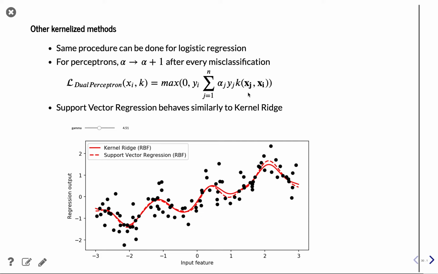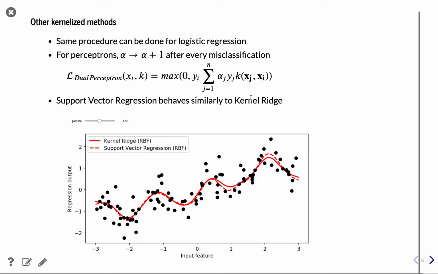If you do this, then basically what happens is that instead of updating the weights, you update the dual coefficients. So every time you have a data point which you misclassify, you add 1 to the dual coefficient of that data point, which means the data point is more important to get right.